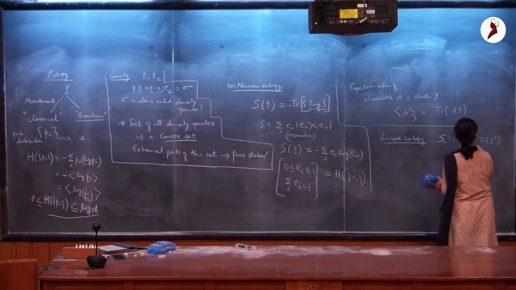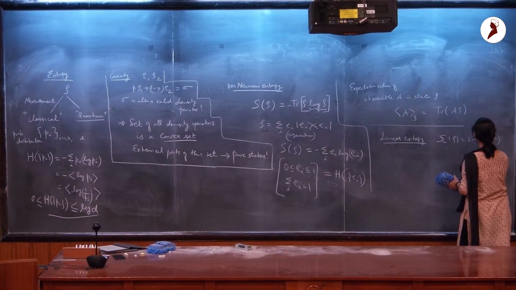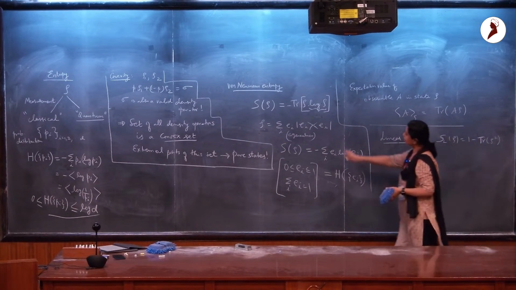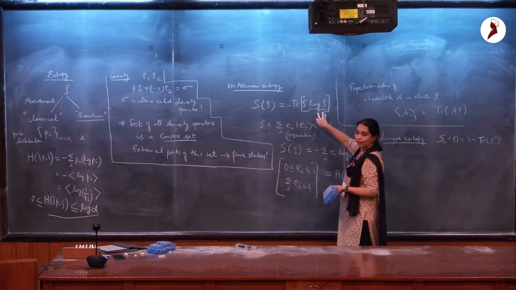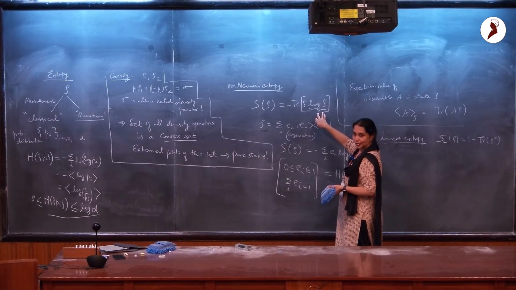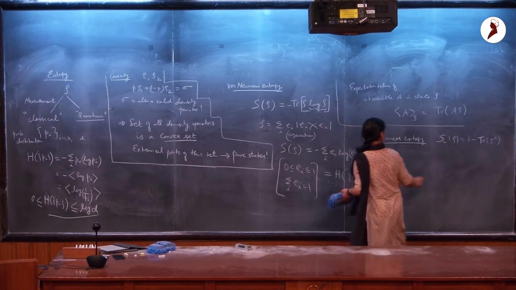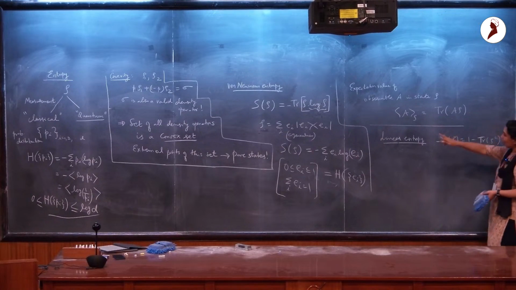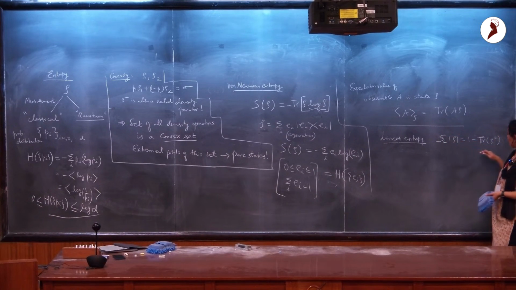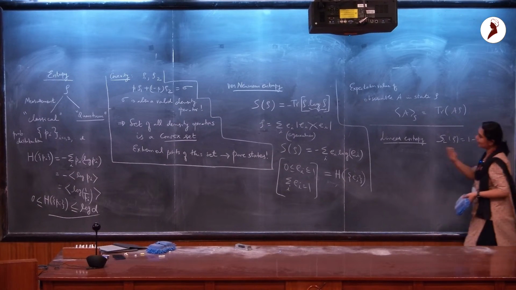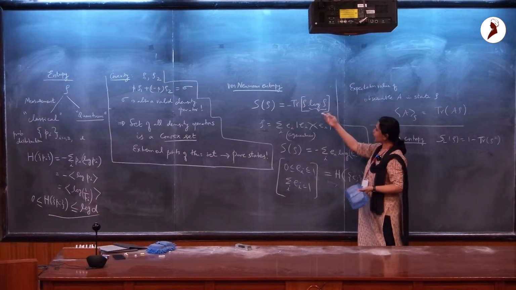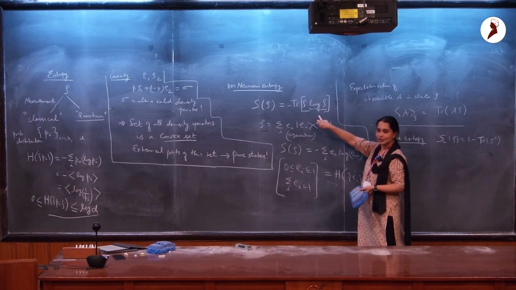So one way to think about this is you expand this log function, you do your standard series expansion for the log and you keep only the linear term, okay? And then you will see that up to the linear approximation of the log, this is what you get. So this linear entropy is basically a linear approximation of this von Neumann entropy.